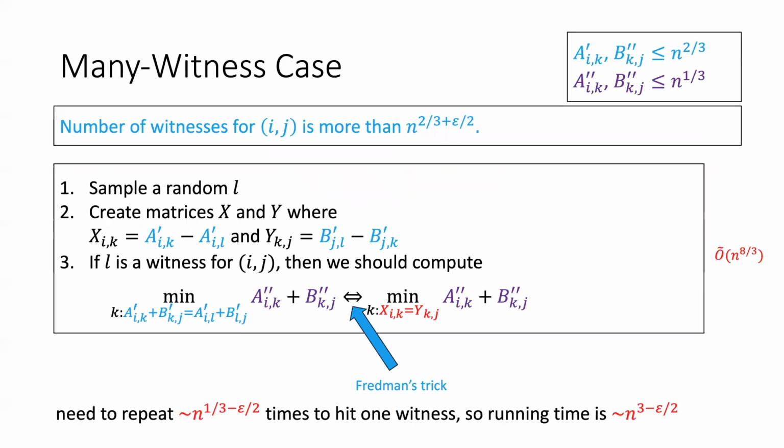And in order to hit a witness for every pair ij that has at least n to the 2/3 plus epsilon over 2 witnesses, we have to repeat roughly n to the 1/3 minus epsilon over 2 times to hit one witness with high probability. So the overall running time becomes n to the 3 minus epsilon over 2.